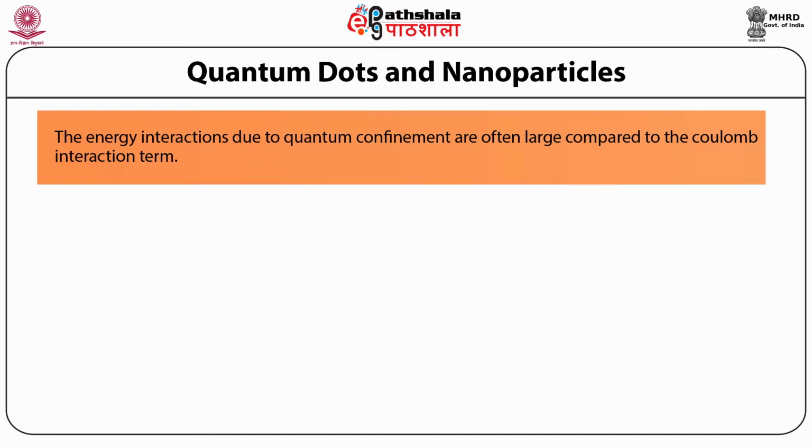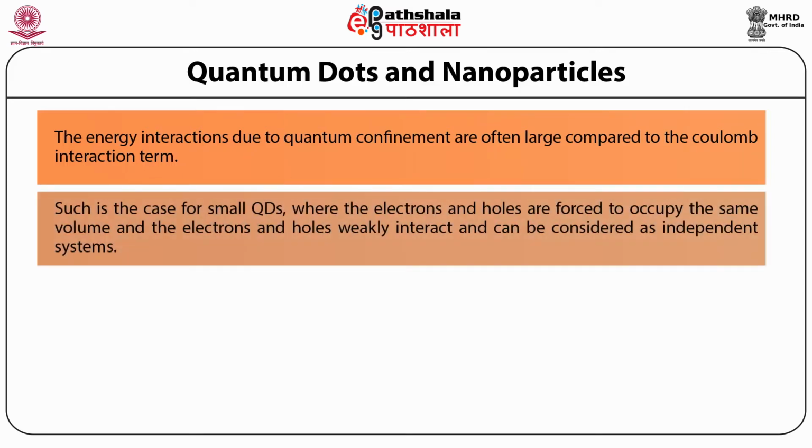Furthermore, the dimensionality may not permit the electrons and holes to be stabilized at a preferred length within the Coulombic potential, and excitons may not be formed. Such is the case for small quantum dots, where the electrons and holes are forced to occupy the same volume and weakly interact and can be considered as independent systems.